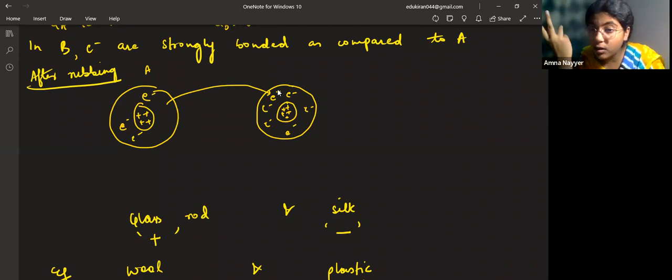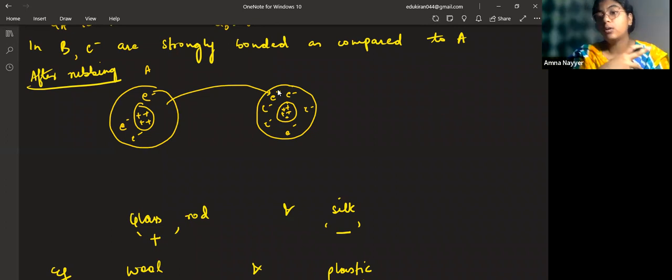What is the deciding component? What will decide whether electrons will move from A to B or B to A? That depends upon the affinity.